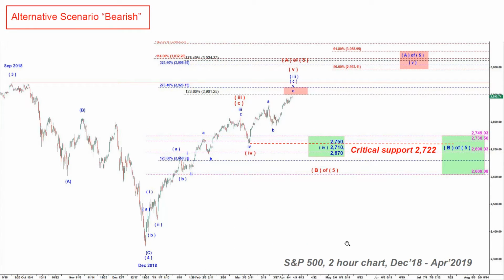Now I want to show you another alternative scenario, a slightly different scenario. I call it the bearish scenario.